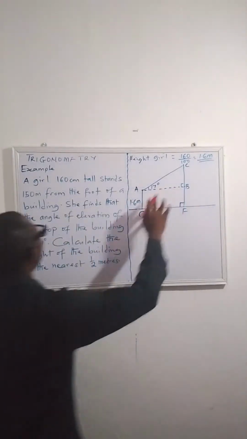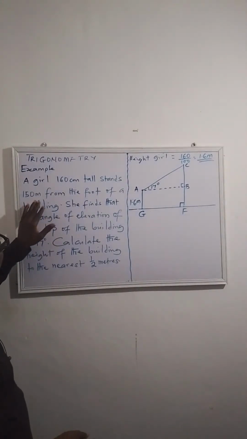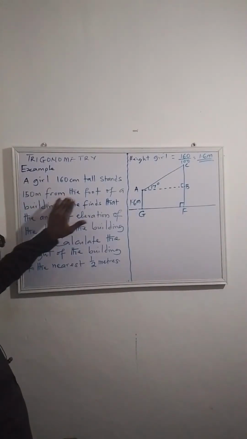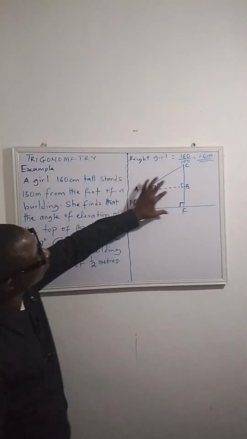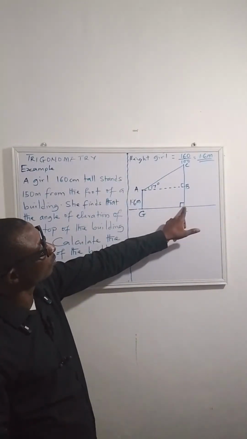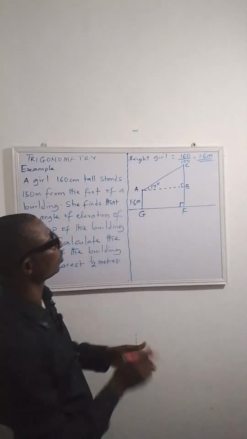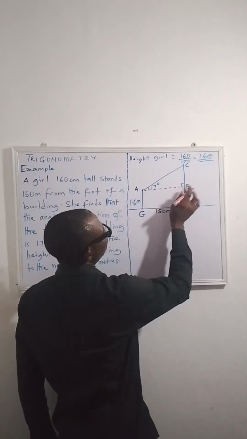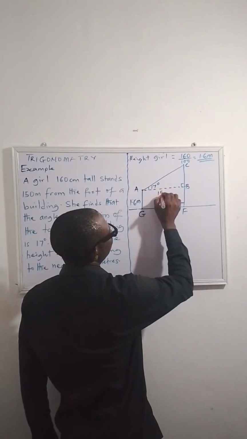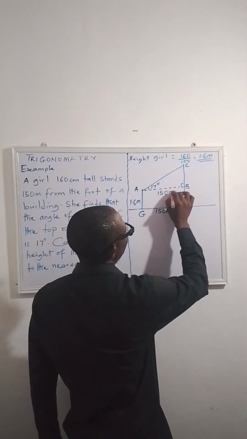In the question, we have been given that the girl is 150 meters from the foot of the building. This is the foot of the building, and this is the girl here. So this place is 150 meters. So that means AB will be what? 150 meters. Okay.